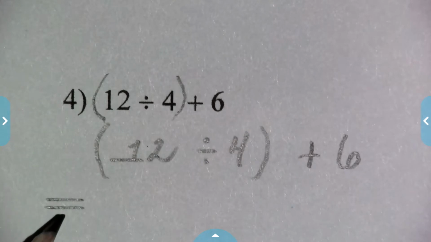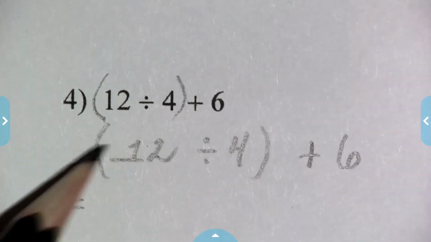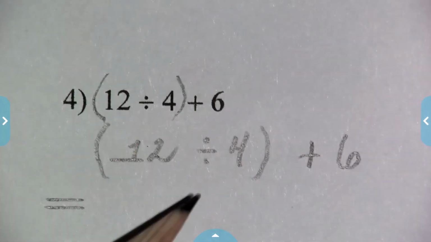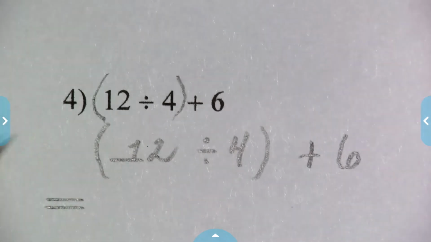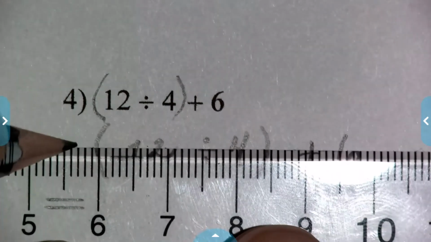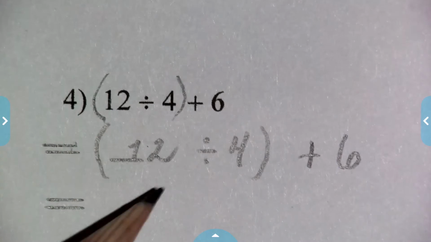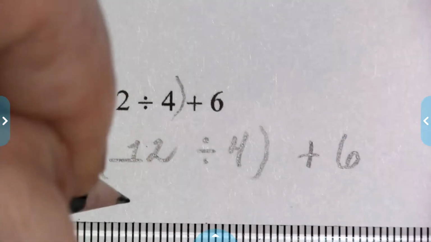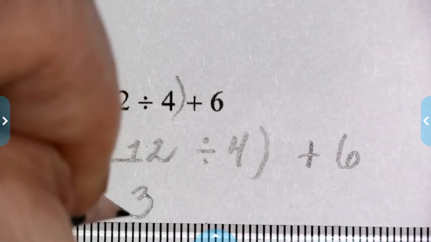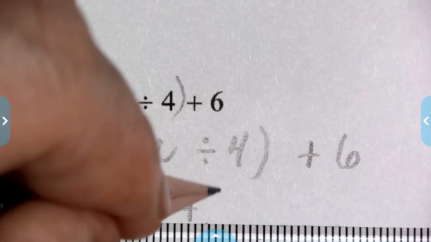Okay, so now this equal sign is important. So don't forget to draw this, because what you're saying is that what's written above is equal to what's written below. We're just simplifying, so every step of this is equivalent. This is equivalent to this, and what I'm going to write is also equivalent. So 12 divided by 4 is 3, and I can lose the parentheses now. 3 plus 6.